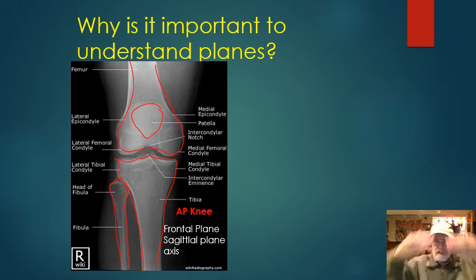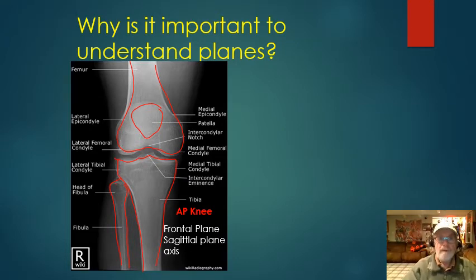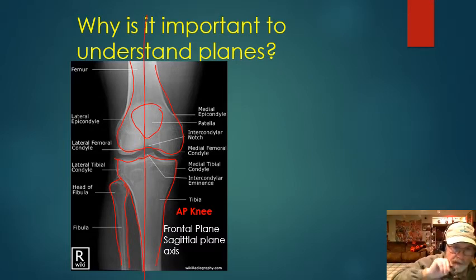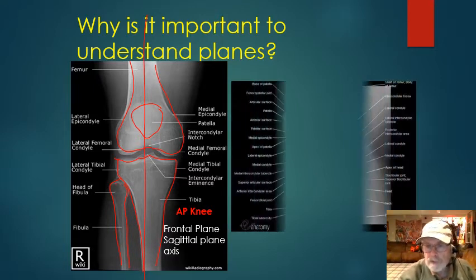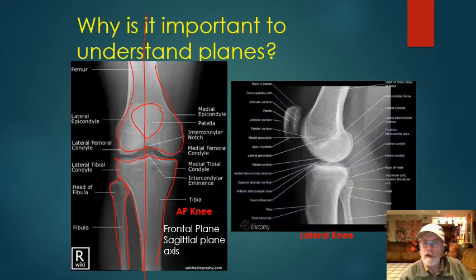So the plane is cut from the front and divides the front and back, and that's what we call a frontal plane, but it's viewed on a sagittal plane axis. Why? Because sagittal would be in this direction, looking straight back along that line, and that's the way I'm viewing that. Okay, this is actually what we call a lateral knee.